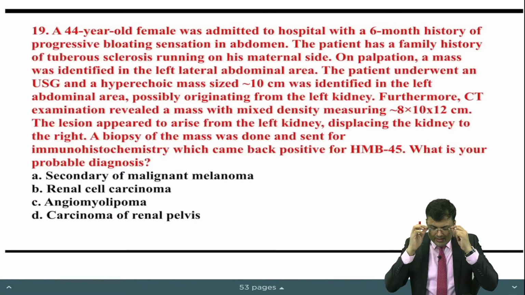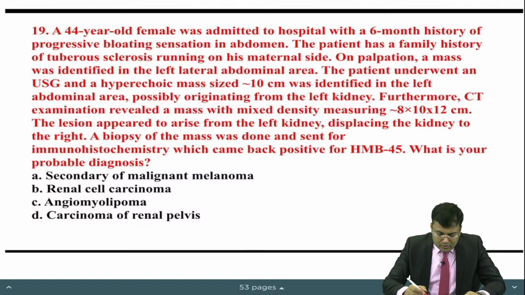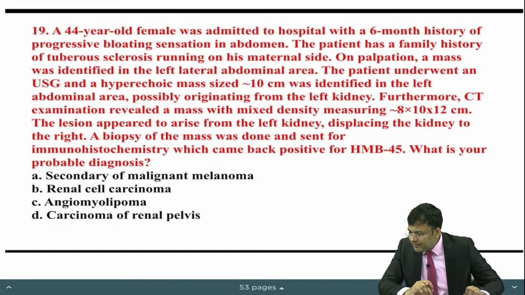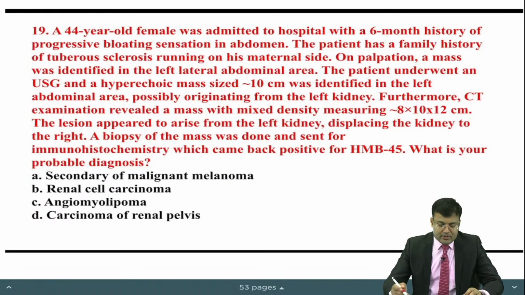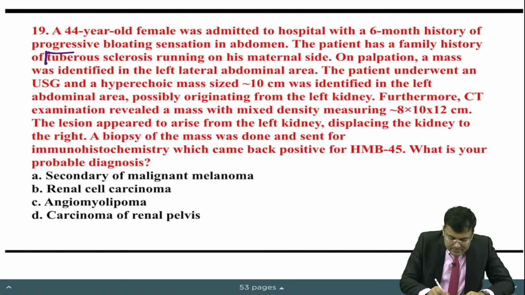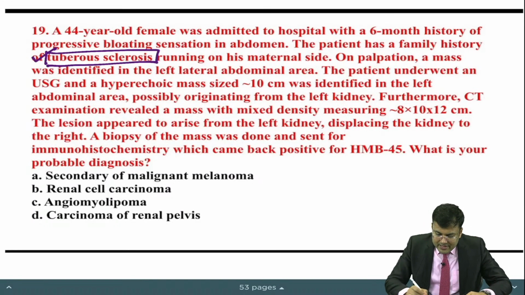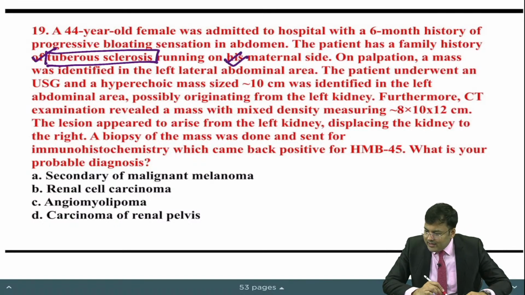Now, question number 19. A 44-year-old female was admitted to the hospital with 6 months history of progressive bloating sensation in abdomen. The patient has a family history of tuberous sclerosis. So, can you see this patient is having tuberous sclerosis. Family history on his maternal side.